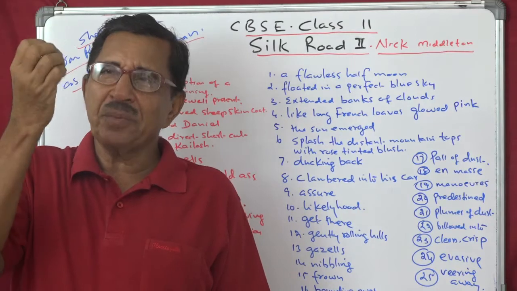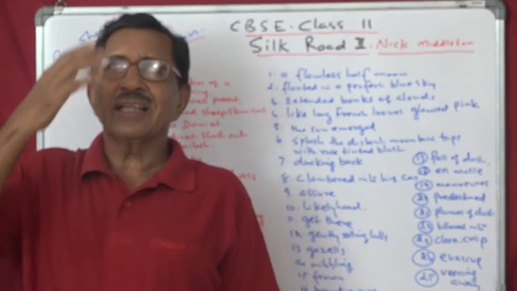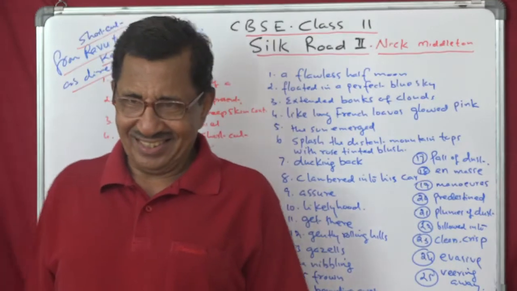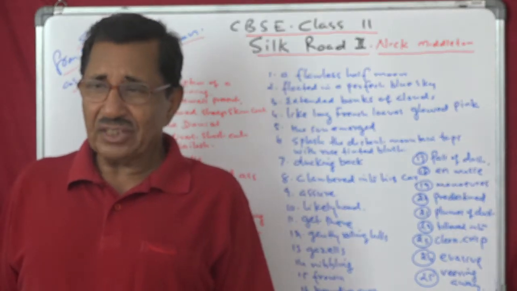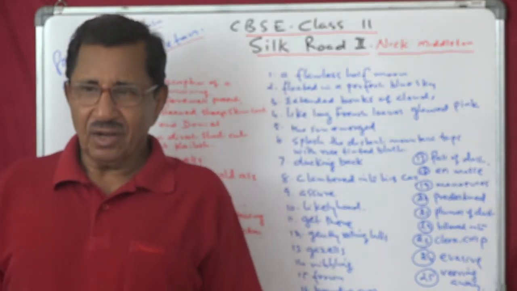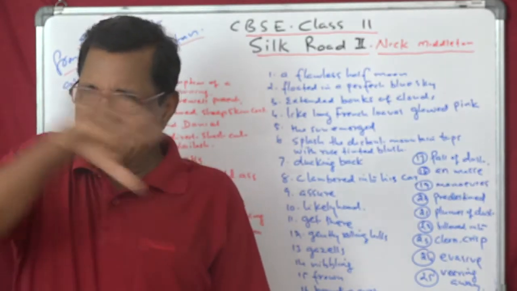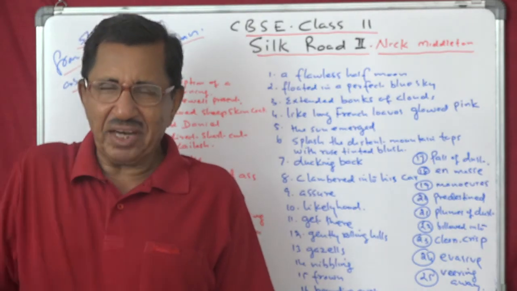So in poetic language Nick Middleton says the moon was floating. Beautiful. Yes. Extended banks of clouds like long French doors similarly glowed pink as the sun emerged to splash the distant mountain tops with rose-tinted blush.